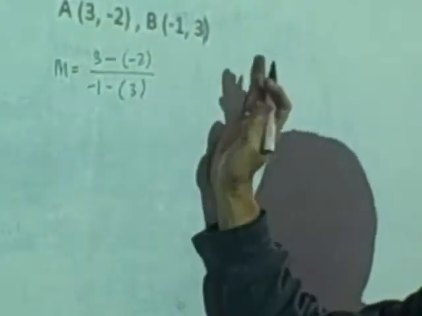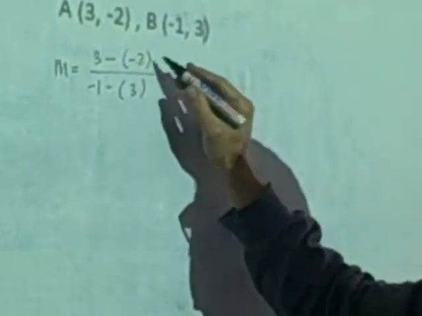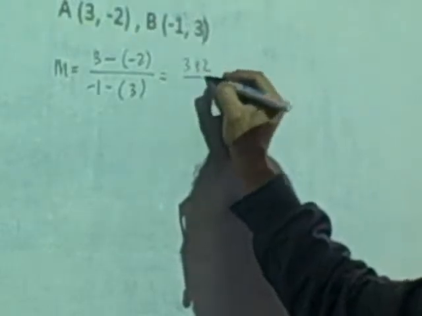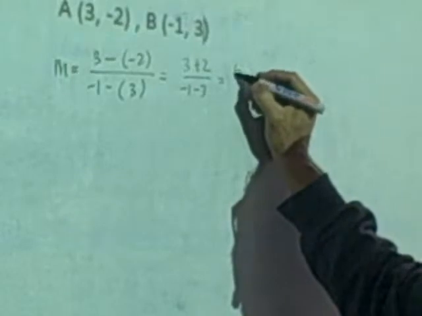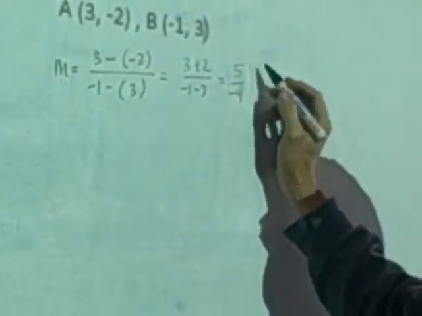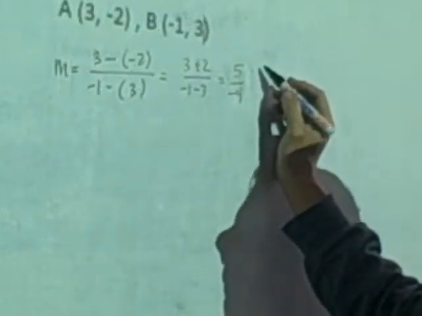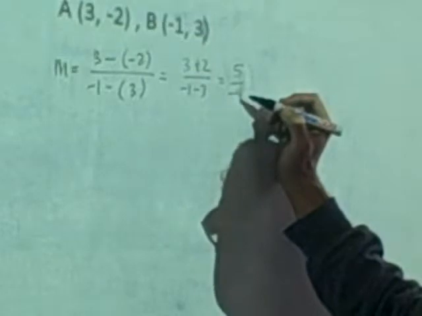Don't be afraid to use lots of parentheses. They help clarify things a lot. 3 minus a negative 2 is 3 plus 2. Negative 1 minus 3 we can leave as is. 3 plus 2 is 5. Negative 1 minus 3 is negative 4. So now our slope, or our gradient, is negative 5/4. It doesn't matter whether the negative's in the top, the bottom, or even out in front.